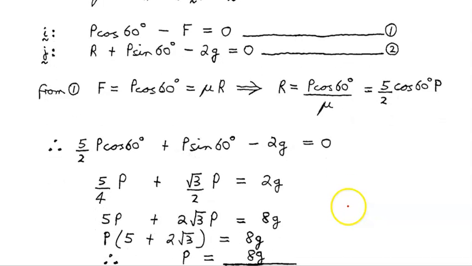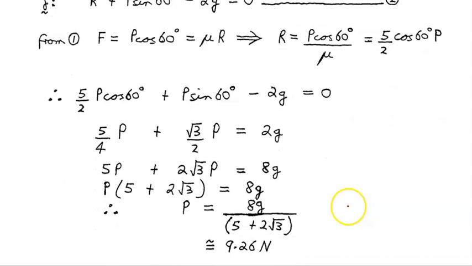Let's take the minus 2G onto the other side over here. Let's write cos 60 degrees times 5 on 2 gives us 5 on 4 because cos 60 degrees is a half. Sine 60 degrees gives us root 3 on 2 times P, and that's equal to 2G.